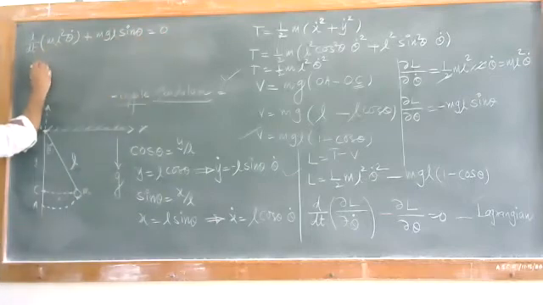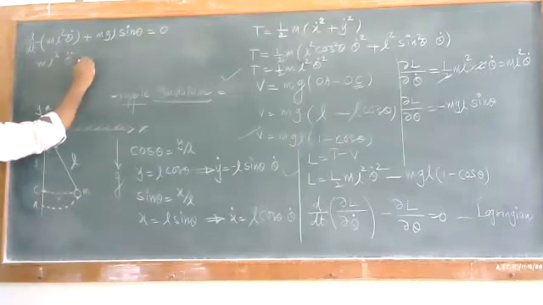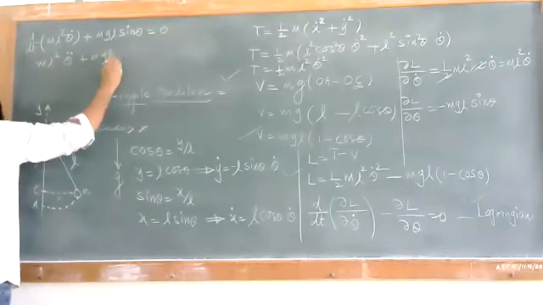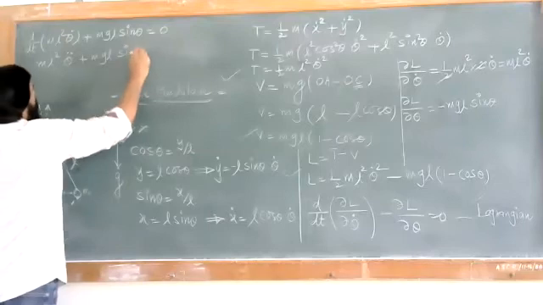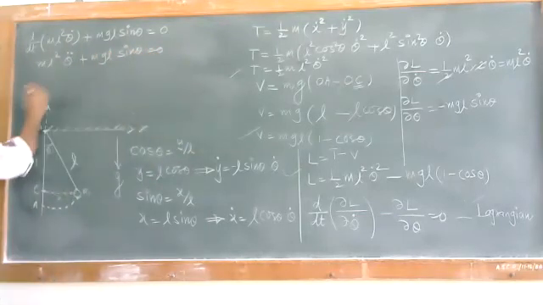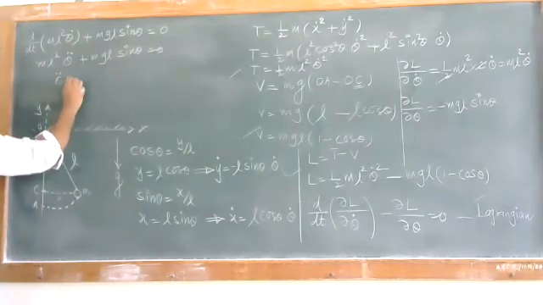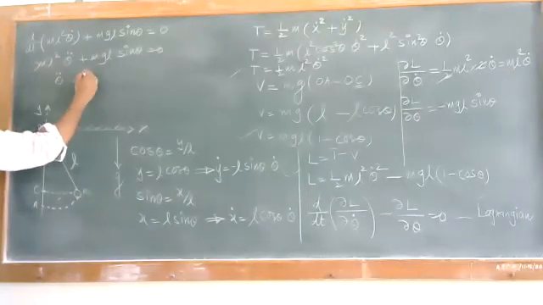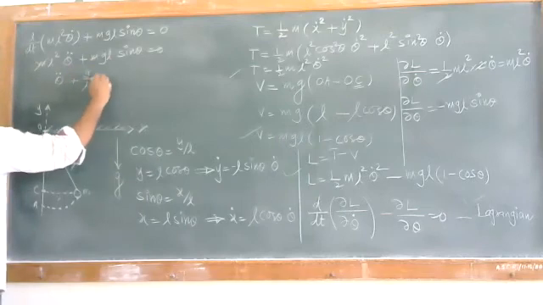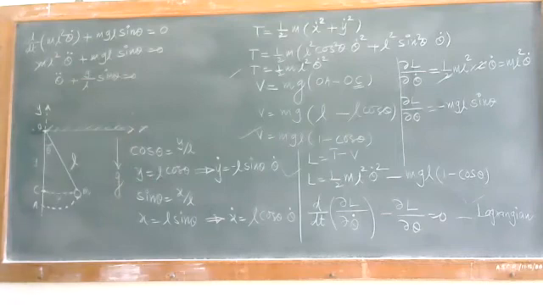So this will become m L squared, the derivative theta double dot, plus mgl into sin theta, that is equal to 0. So I can write this as theta double dot. Okay, m L squared transfer करून घ्या. So this m will get cancelled out. This is L upon L squared, so this becomes g upon L into sin of theta, and that is equal to 0. So this is the equation of motion for the simple pendulum.